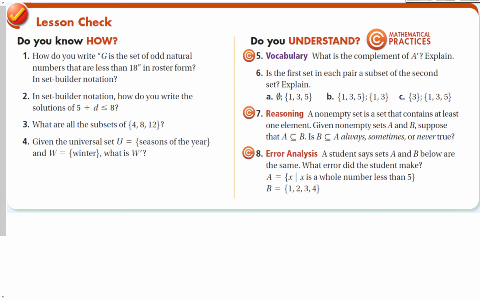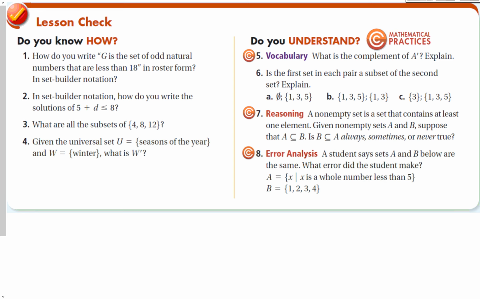So, our quick lesson check. How do you write G is the set of odd natural numbers that are less than 18 in roster form? Well, that would be 1, 3, 5, 7, 9, 11, 13, 15, and 17.